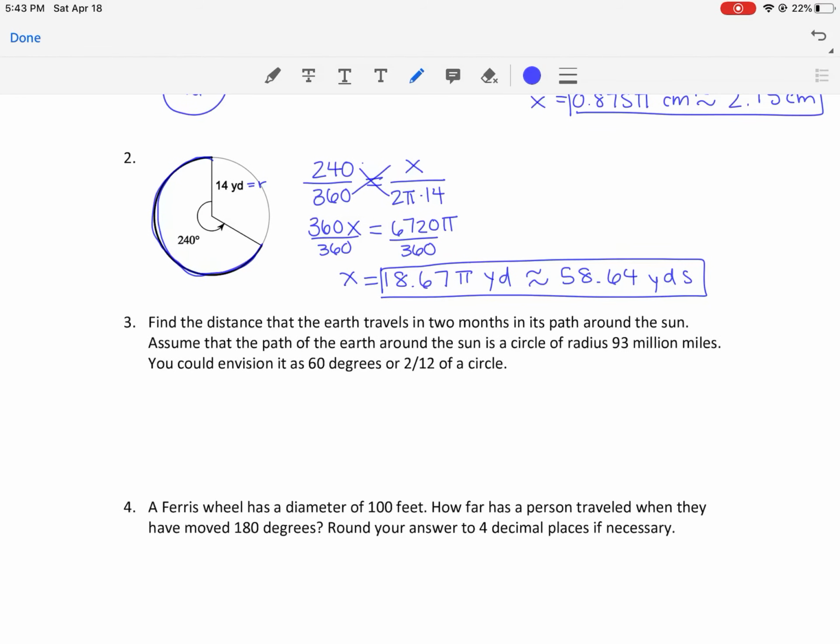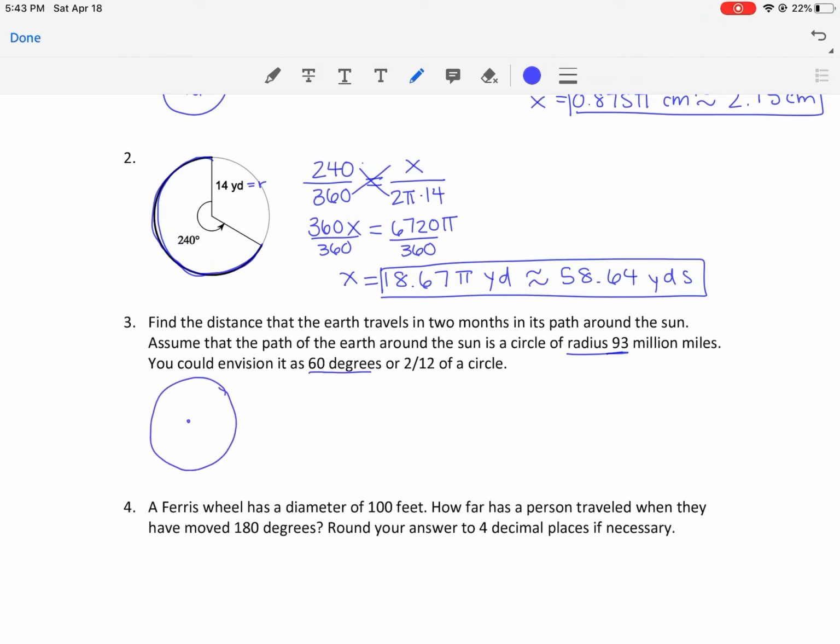Okay, so in this case it says find the distance the Earth travels in 2 months in its path around the sun. Assume the path of the Earth around the sun is a circle with a radius of 93 million miles. In this case, I'm going to just use the 93 as the radius, and we can label it as million miles to make life a little easier. You can envision it as 60 degrees, or 2/12 of a circle.